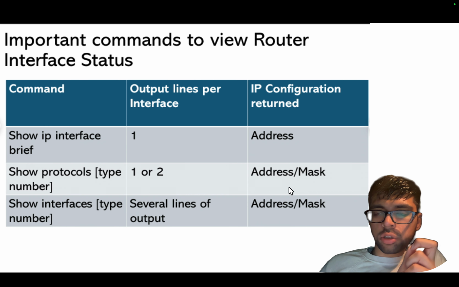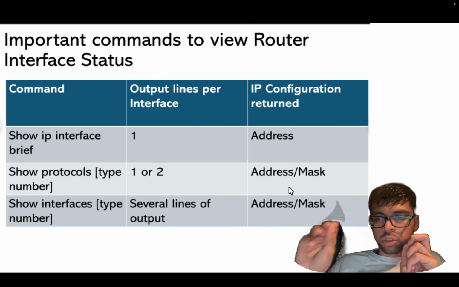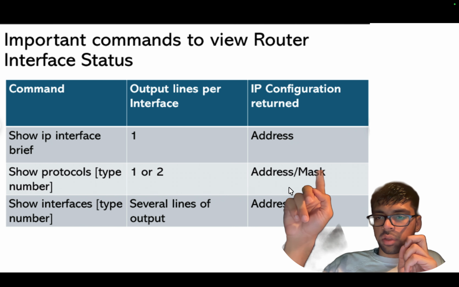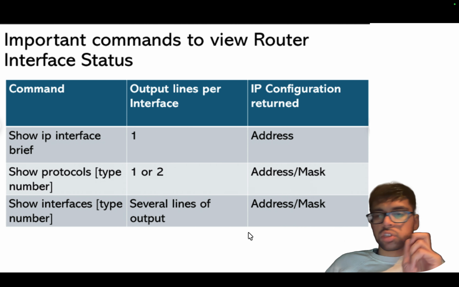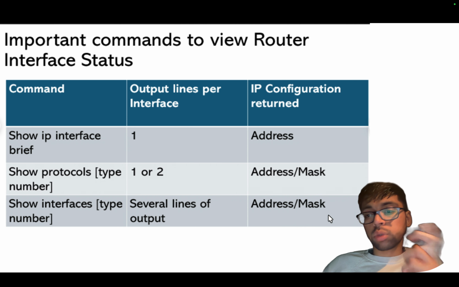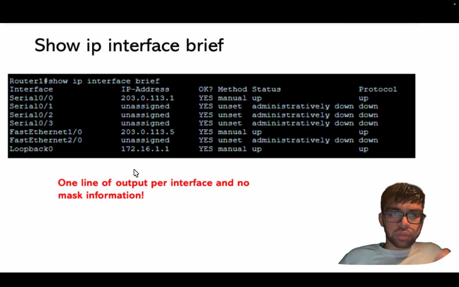It will show you an IP address and the mask, unlike the one above, which doesn't. And show interfaces type number will give you several lines of output, and it will give you the IP address and mask as well. So let's talk about show ip interface brief. Like I said, one line of output per interface. There's nothing related to the masks here.